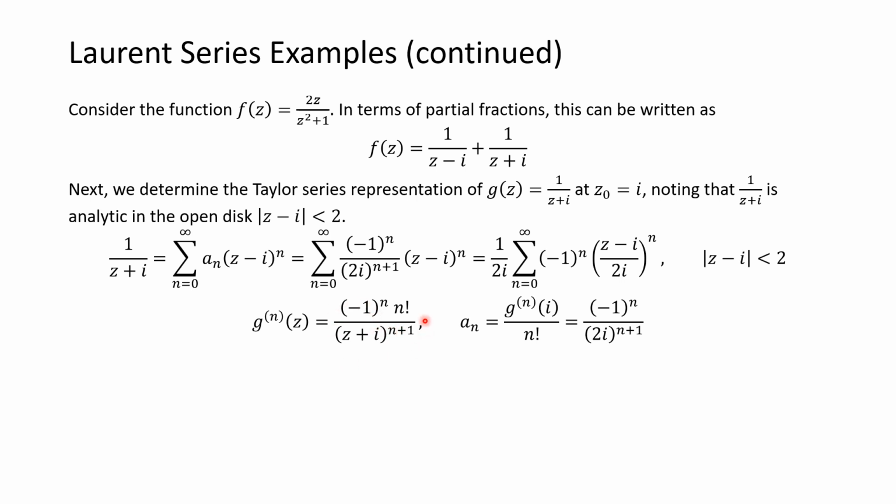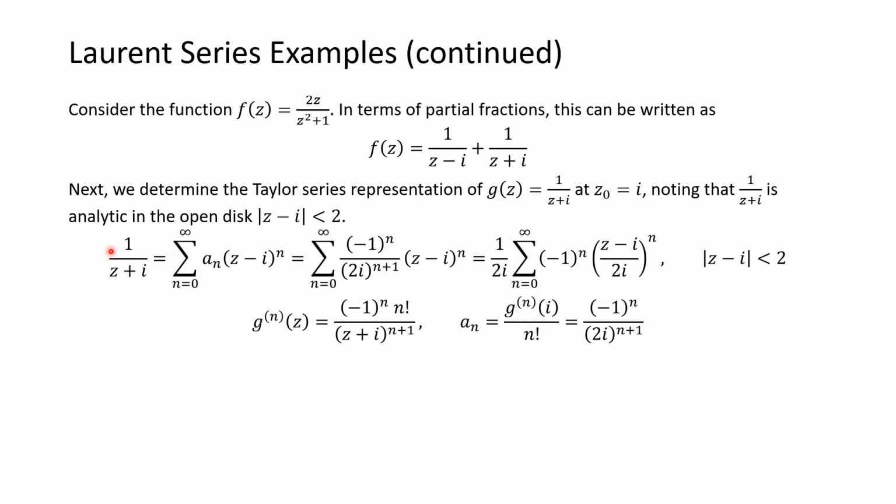So this is the nth derivative of g of z, and then the coefficient in the Taylor series is this term evaluated at the point we're interested in, i, divided by n factorial, and that gives us minus 1 to the n over 2i to the n plus 1.